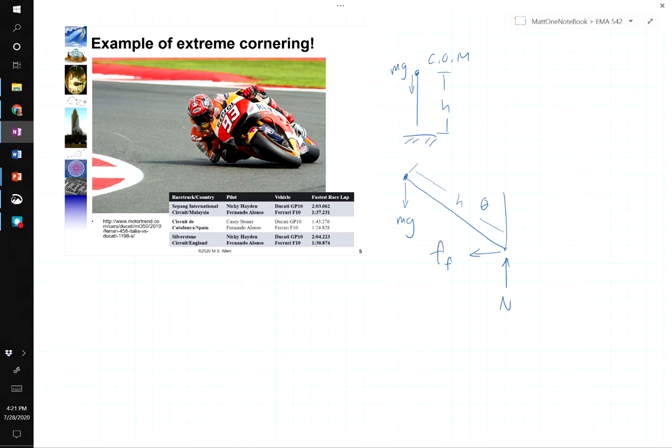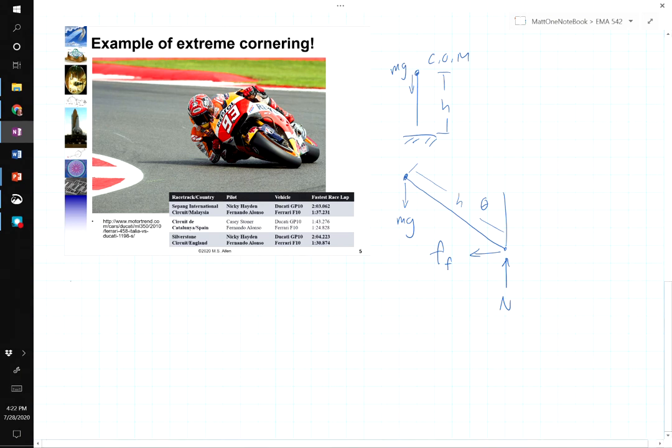So we can use the concepts of path variables to see what the acceleration might be, and how many g's this bike might be taking as a function of the angle theta.